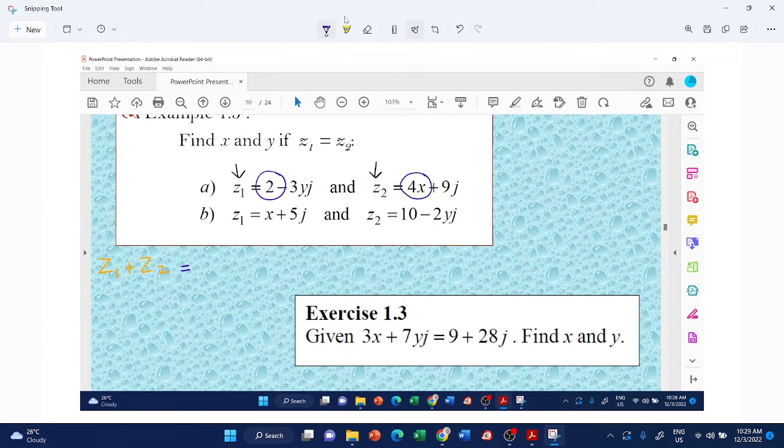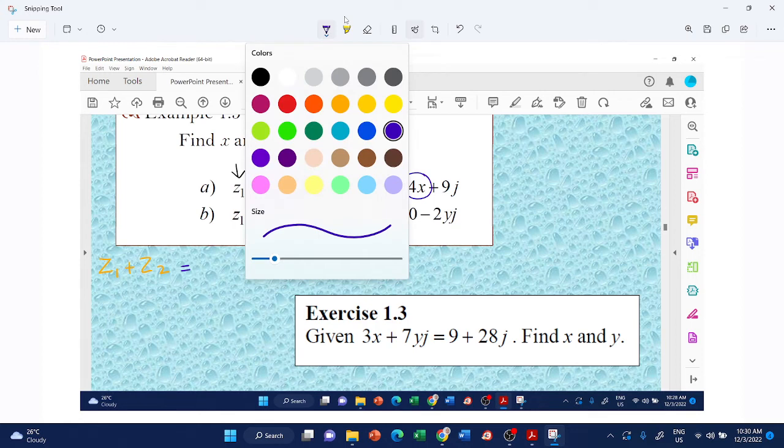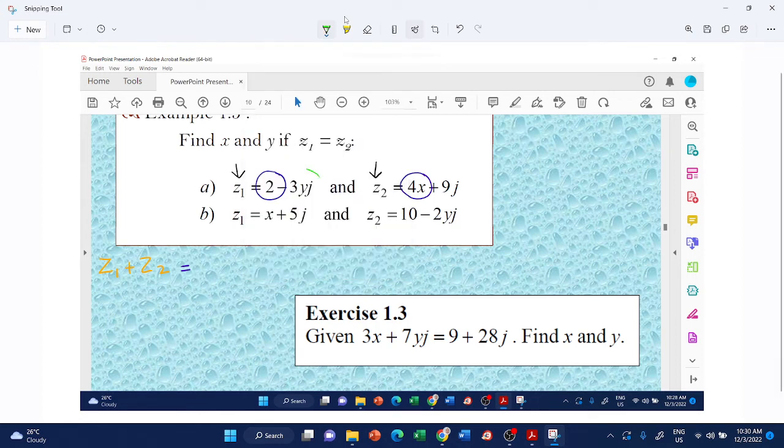Yang madam bulatkan warna biru ni akan tambah because yang warna biru ni dia adalah bahagian real. Yang warna hijau yang madam bulatkan, dia adalah bahagian imaginary. Okay. So bahagian real akan tambah dengan bahagian real.